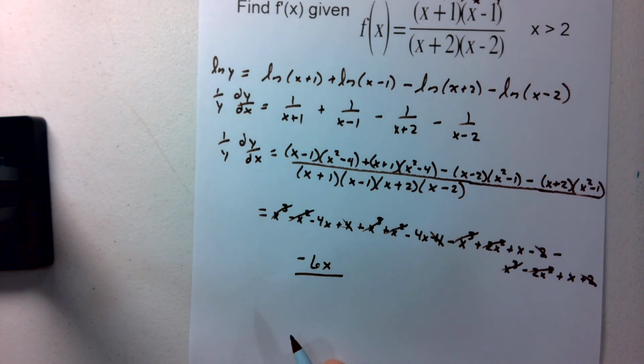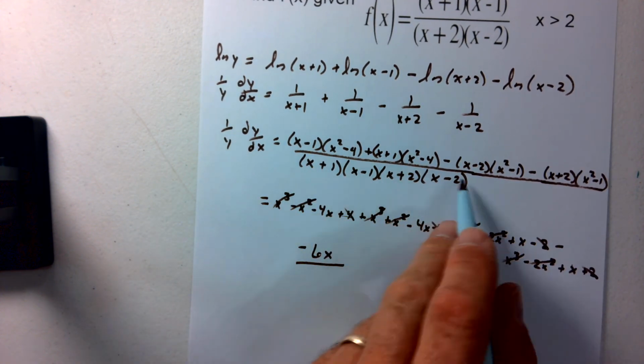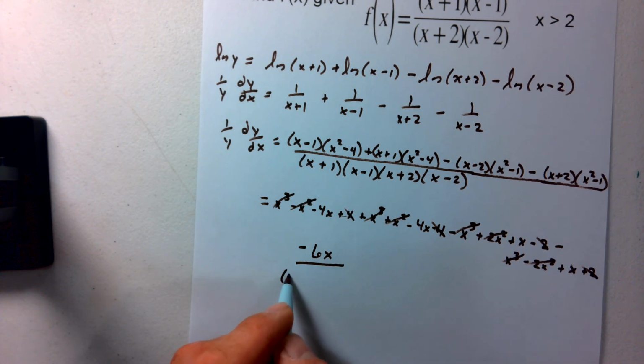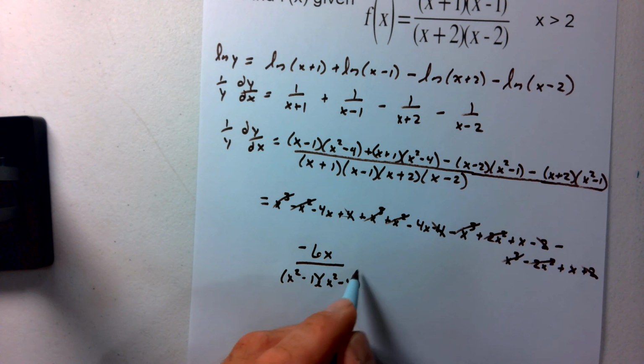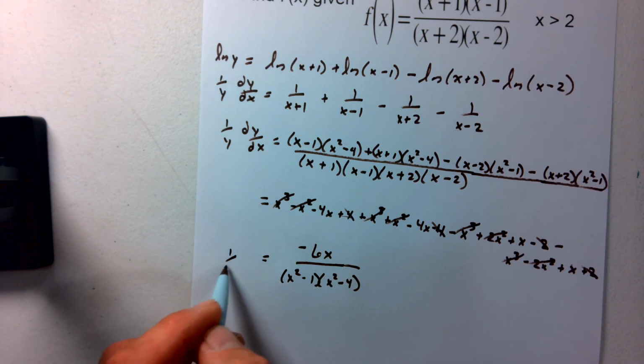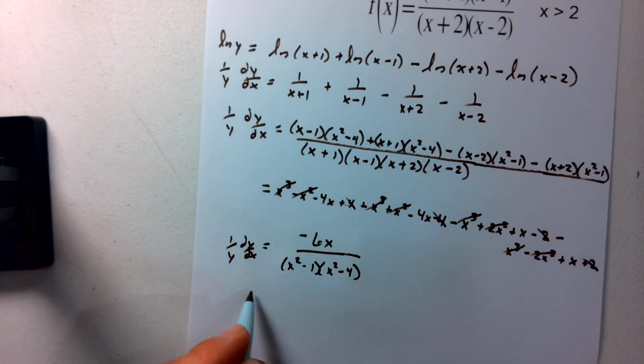And that's going to be over that denominator, x plus 1, x minus 1, x plus 2, x minus 2. So I'm going to just go ahead and write it as x squared minus 1 and x squared minus 4. And that equals 1 over y dy dx. I can go ahead and multiply my y over now.